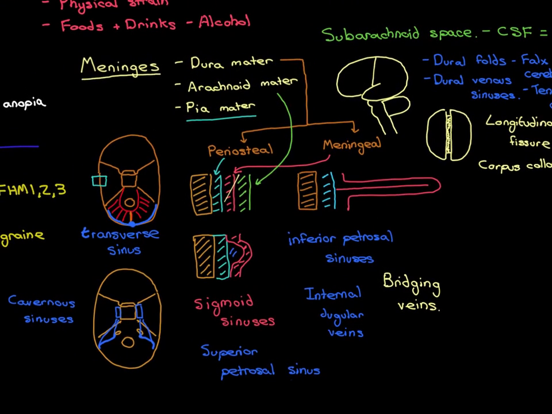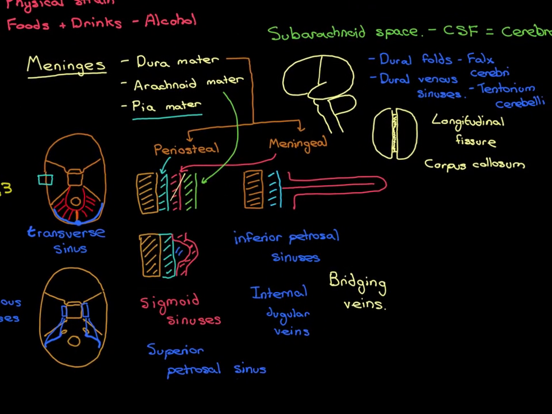So, I hope that has painted a picture of the anatomy of the meninges to you. Remember, the brain is coated by the pia mater, and the other layers of the meninges are attached to the bone, and therefore the innermost layer of those bone-attached meninges is the arachnoid mater, and all of the space in between the arachnoid mater and the pia mater, we're going to fill with a beautiful fluid called cerebrospinal fluid, which has lots of electrolytes in it and is a very nice fluid for the brain to be bathed in.